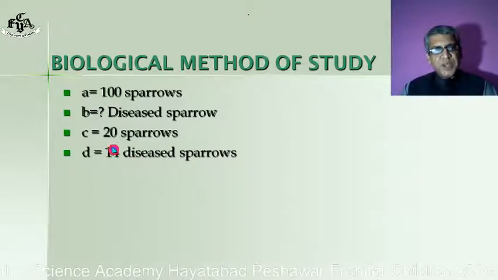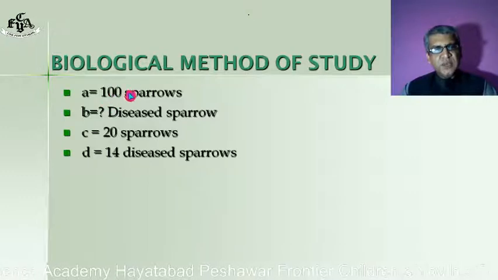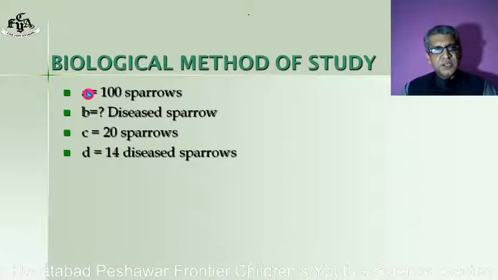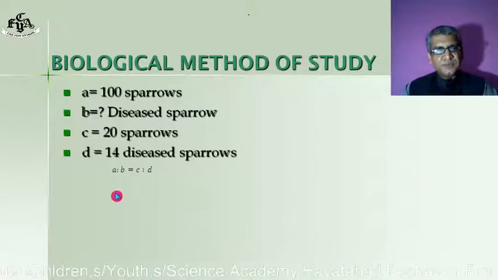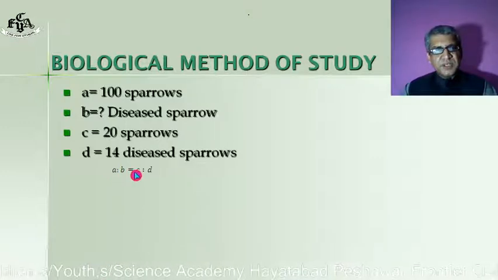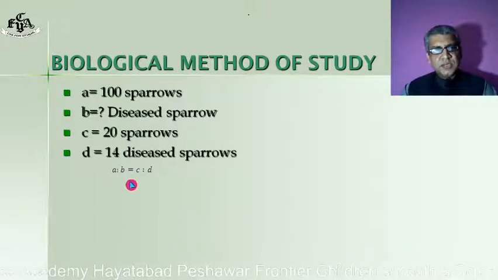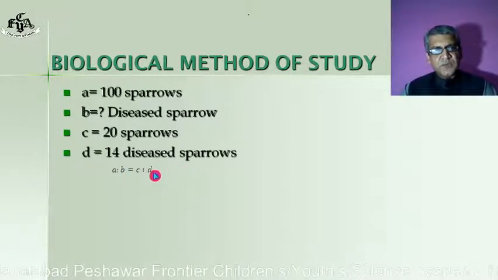So out of 20, 14 were diseased. Now he wants to find out how many of 100 will be diseased. The formula is A ratio B equals C ratio D, where the equality sign joins one ratio with another, comparing both ratios as a proportion.